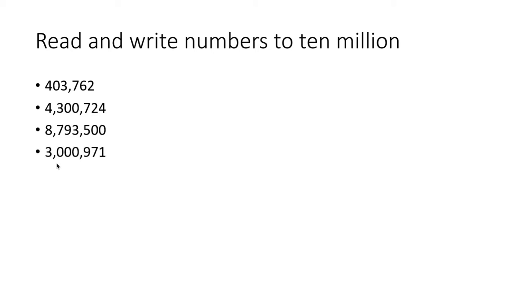This one's a little bit tricky. We do have millions, we do have a thousand section, we do need these zeros to hold the place value, but there aren't any thousands in this number. And then we do have a unit section. So have a think, have a try, and I'll say it in a moment.